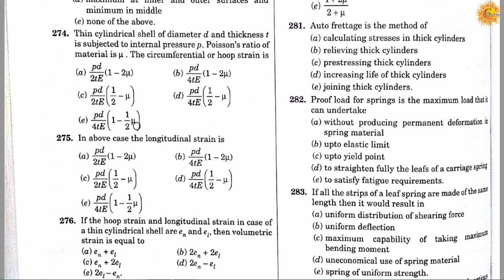Correct answer is A. It will be PD upon 2TE in the small bracket (1 minus 2 mu).